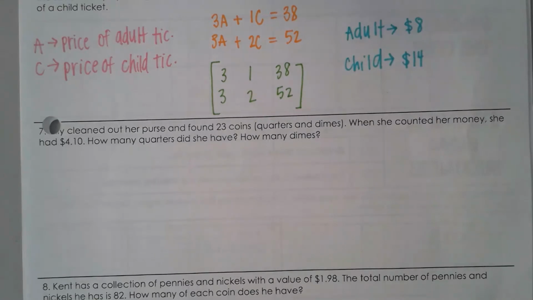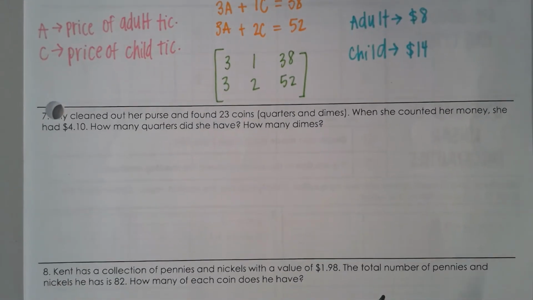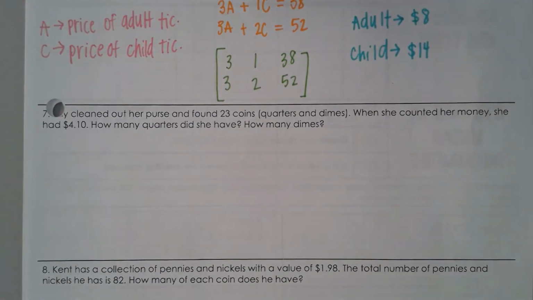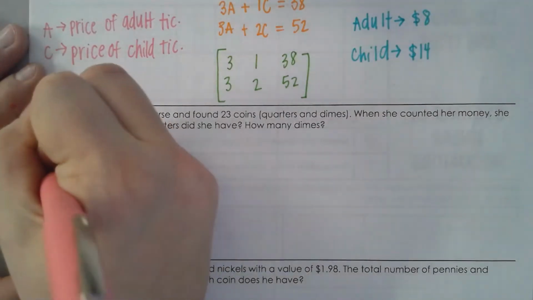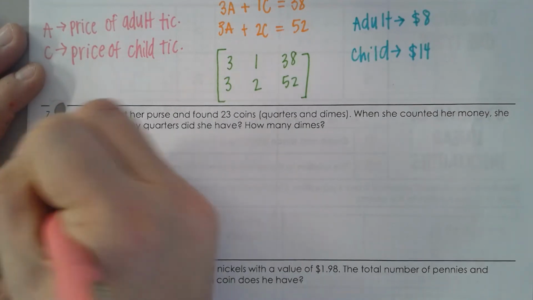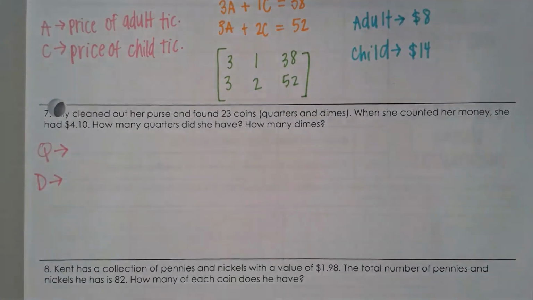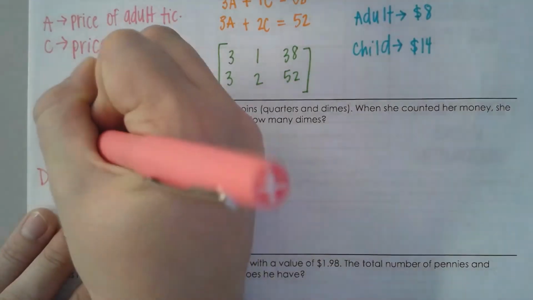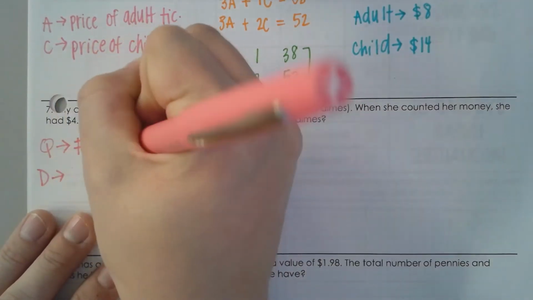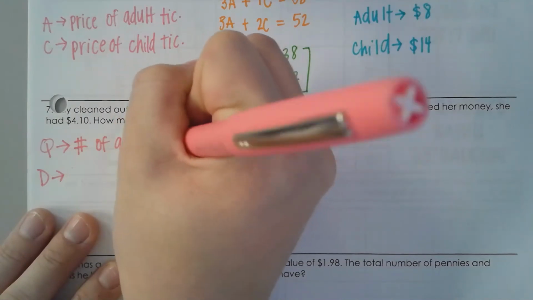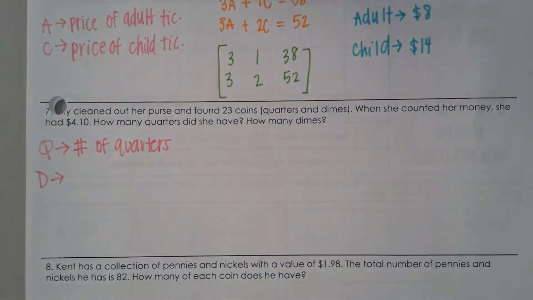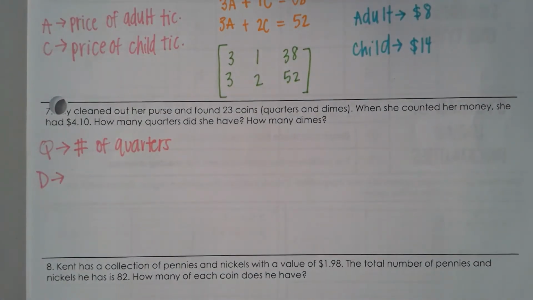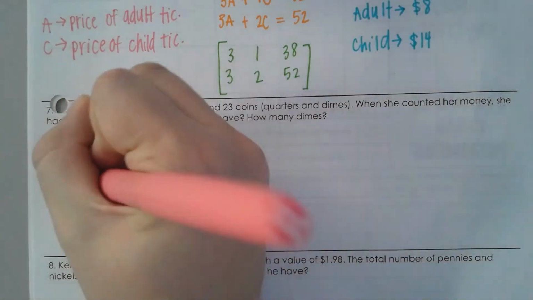Alright, so what are the two variables? Q and D. What does Q represent? The number of quarters. What about the other one? The number of dimes.